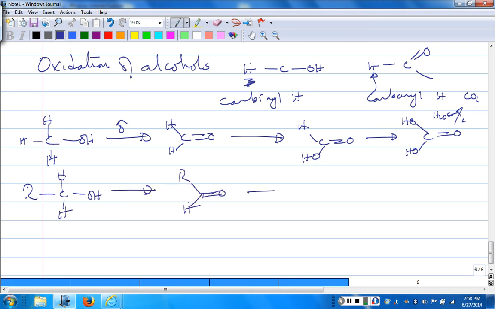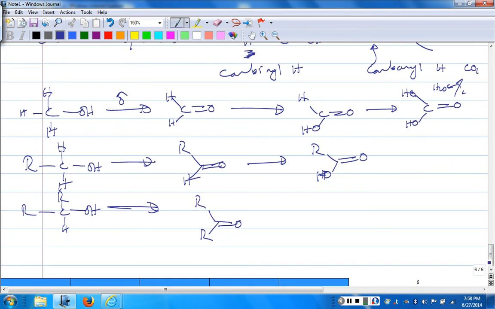The aldehyde can be oxidized into carboxylic acid, and there it will stop, because at this point we are devoid of either a carbinol H or a carbonyl H. If I had a secondary alcohol, they are oxidizable into the corresponding ketone, and there we stop because now we're devoid of carbinol or carbonyl H's. And certainly tertiary alcohols are not oxidizable, right? I can't oxidize tertiary alcohols, right?